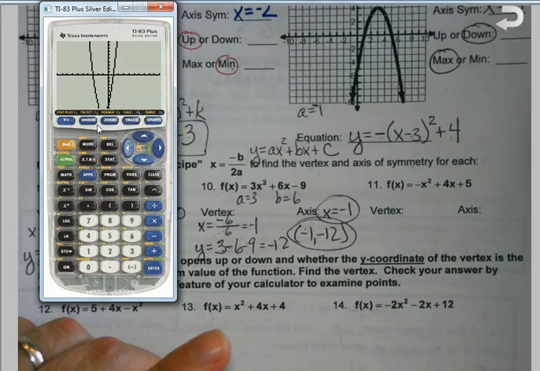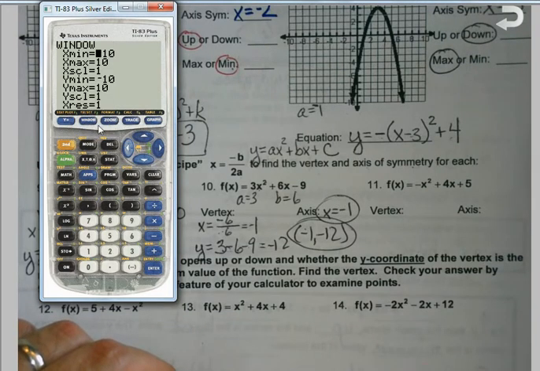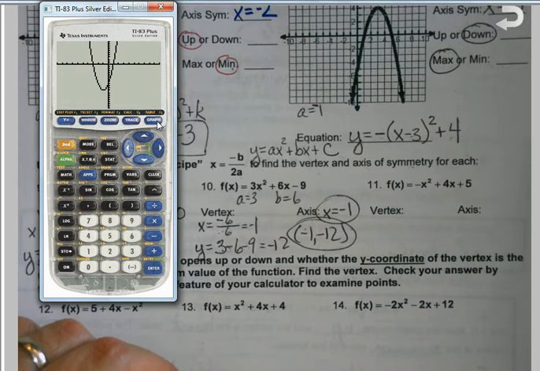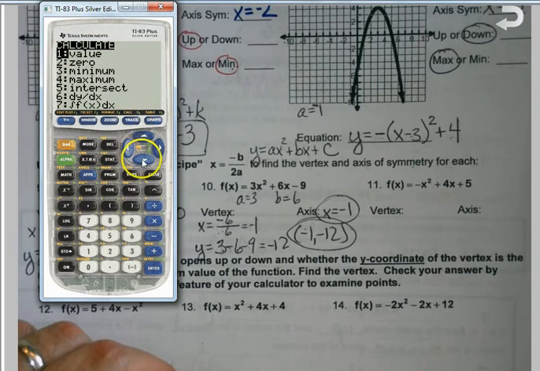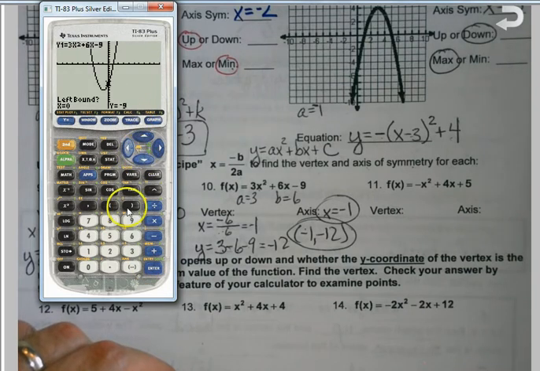So one of your options would be to change your window setting. Now it looks like my y values are getting further down. So maybe instead of my y value being -10, maybe I try -20. Hey, there it is. Because once I get that, then I could do second calc. It's a minimum again.